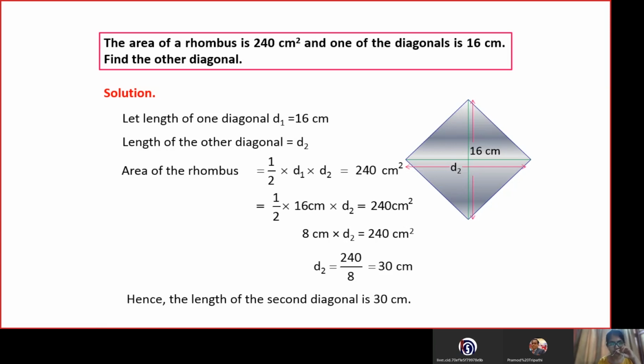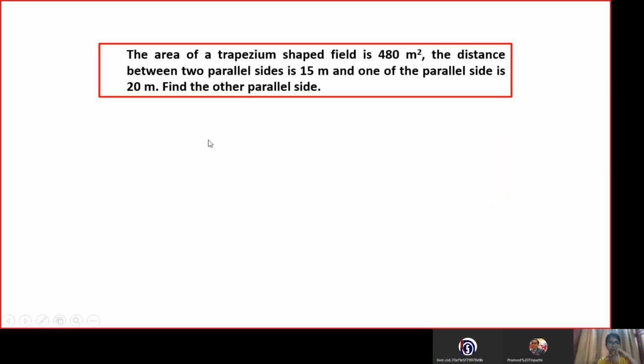Okay, moving on. Now we need to deal with a question of trapezium. They say the area of a trapezium shaped field is given to us as 480 meters square. The distance between the two parallel sides. Children, what do we mean by the distance between the two parallel sides? It basically means the height.